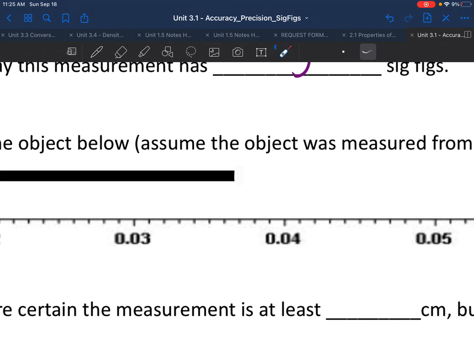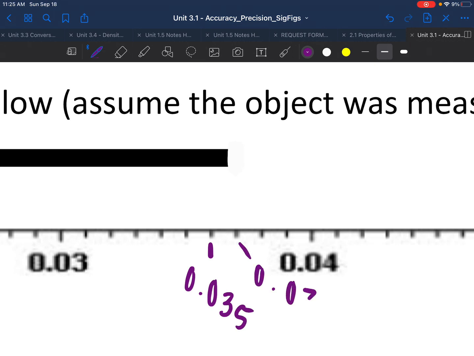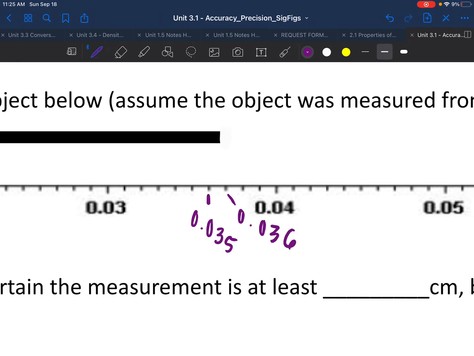So if we look at this object, again, I'm going to zoom in a little bit for you guys. We can tell that it is between 0.035 and 0.036.